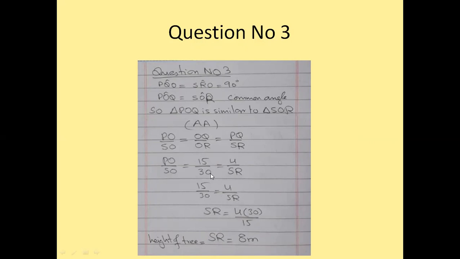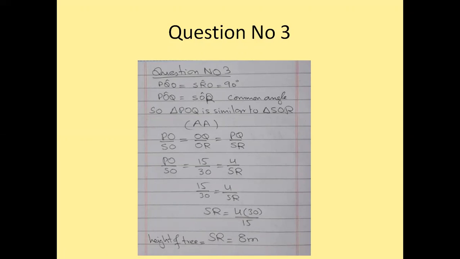OQ is 15, OR is 30, PQ is 4, SR is the question. So I will use these two fractions, and so 15 by 30 is equal to 4 by SR. SR is equal to 4 into 30 divided by 15. So SR is equal to 8 meters. So the height of the tree is 8 meters.